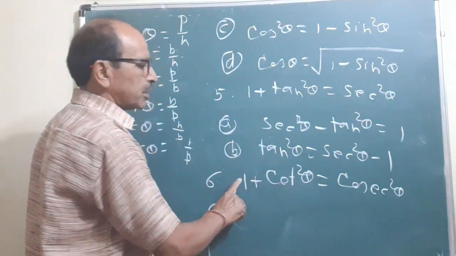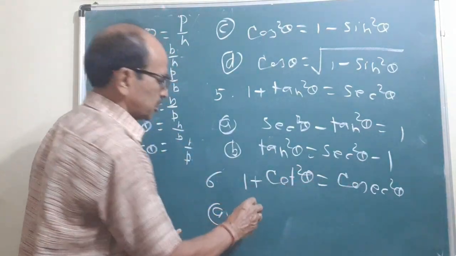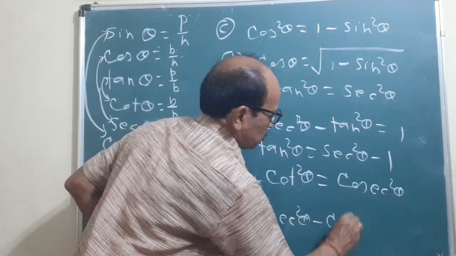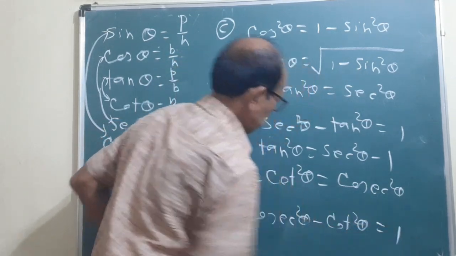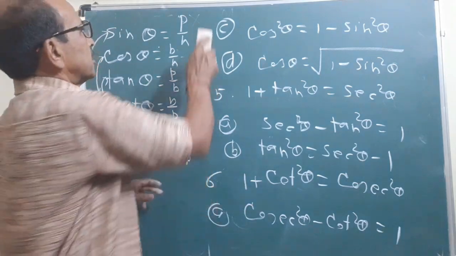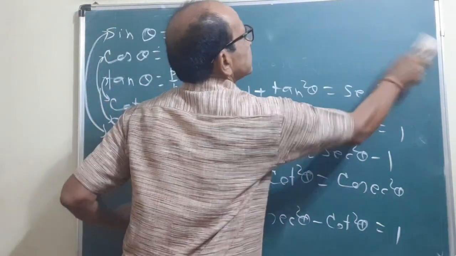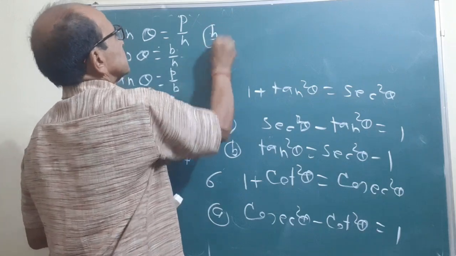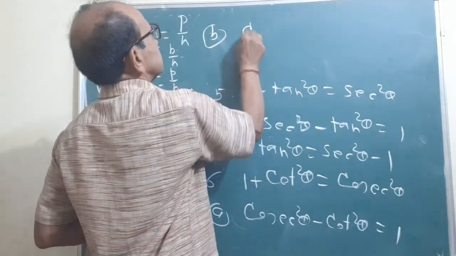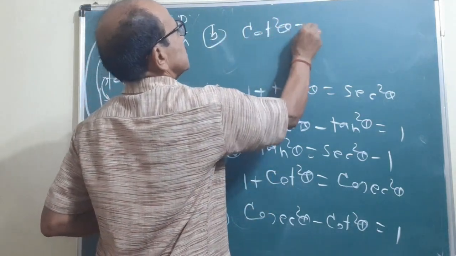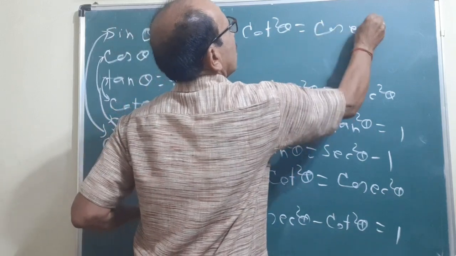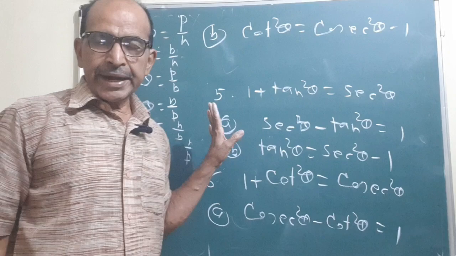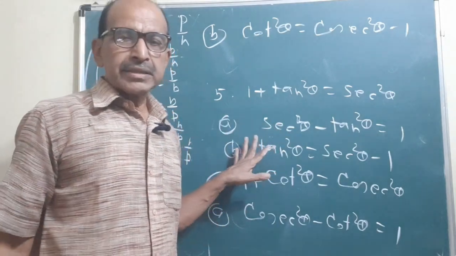So cosec square theta minus cot square theta is equal to 1, and cot square theta is equal to cosec square theta minus 1. So these are three product formulas and three addition formulas.